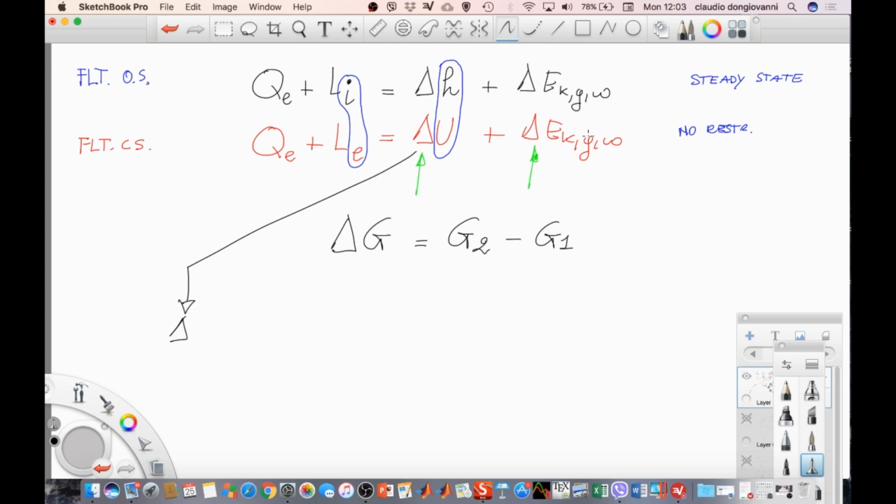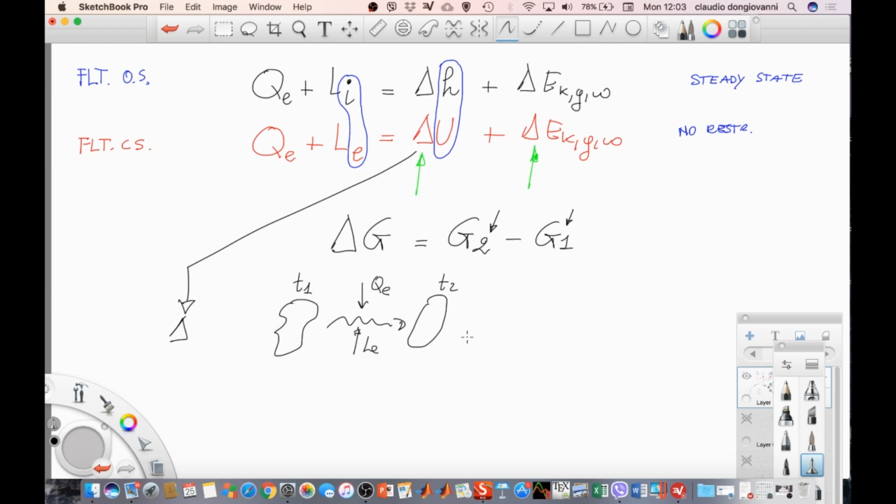It is related to the meaning of 1 and 2. With time. Because in this case, you have the system that changes from time 1 to time 2, with heat and work that is provided.